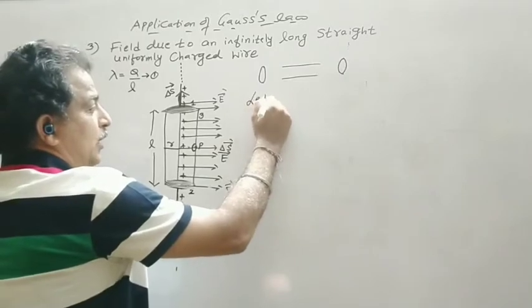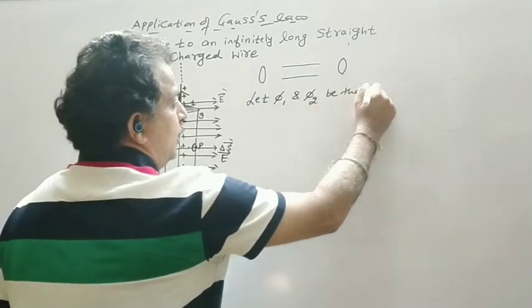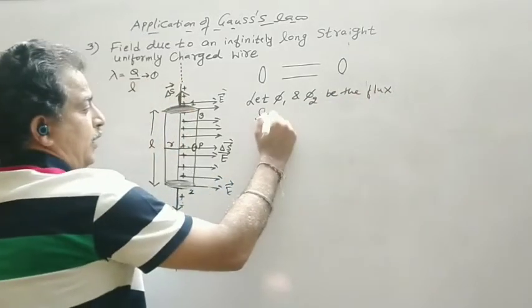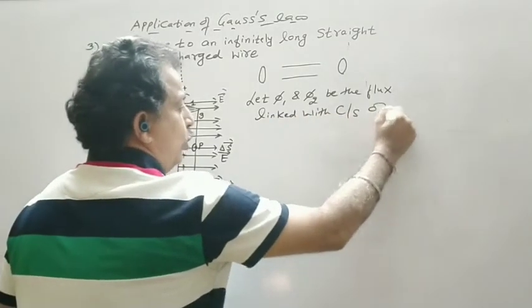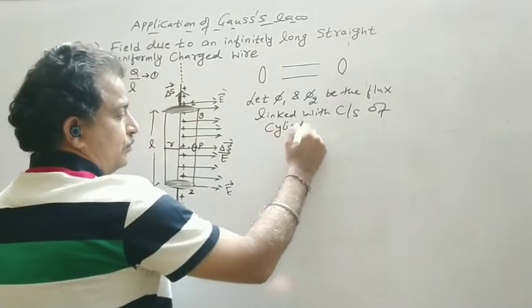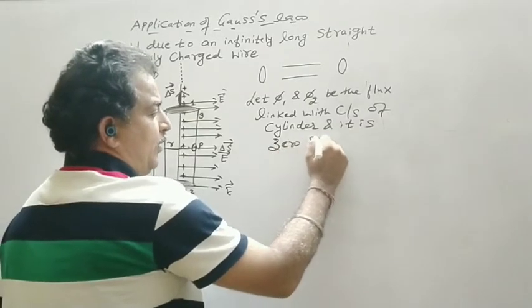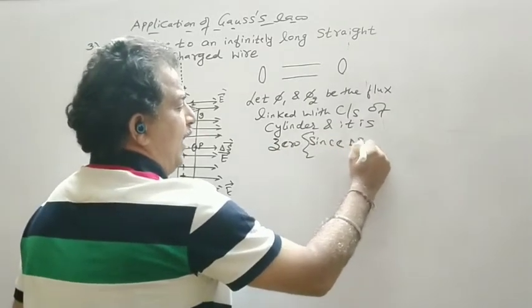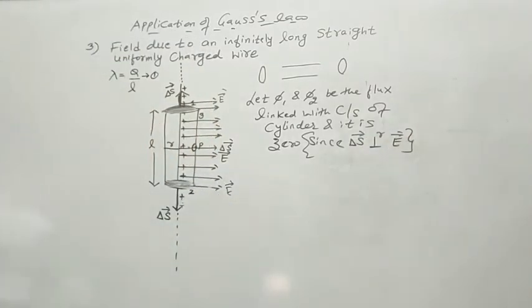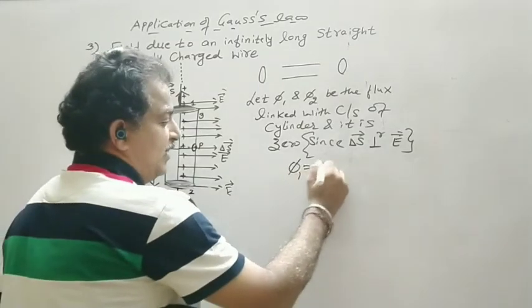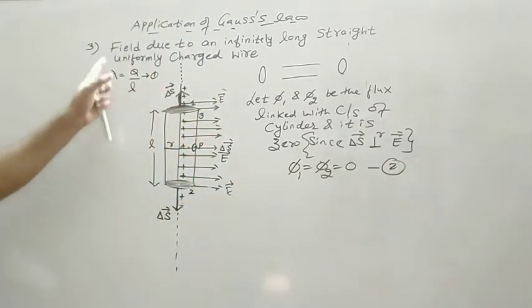So let phi 1 and phi 2 be the flux linked with the cross sections of the cylinder, and it is 0 since delta S vector is perpendicular to E vector. So the cross sections will not contribute. So phi 1 is equal to phi 2 is equal to 0. That is our equation number 2. Equation 1 is lambda is equal to Q by L.